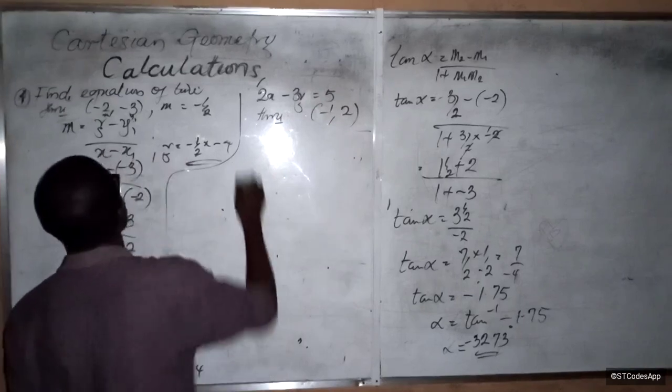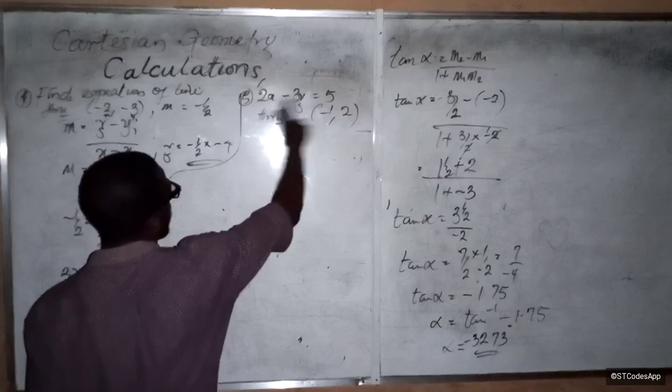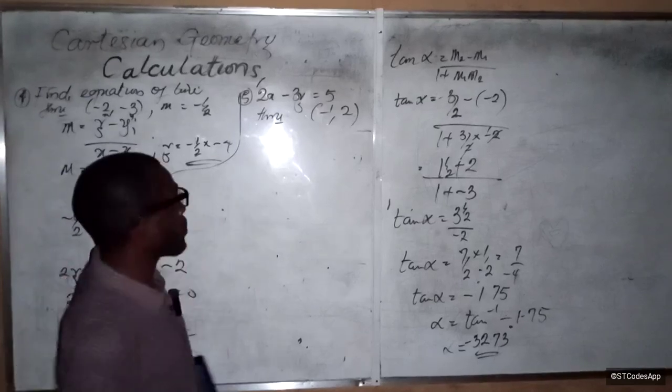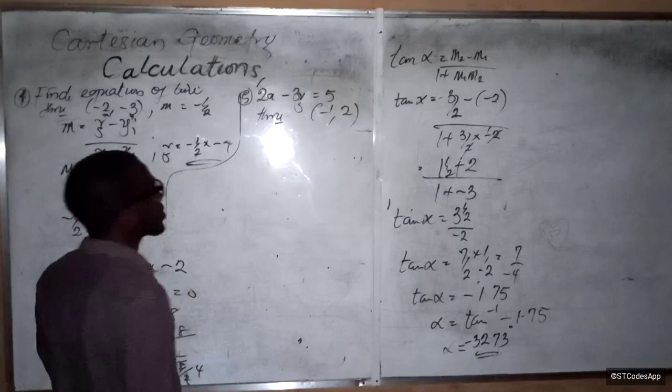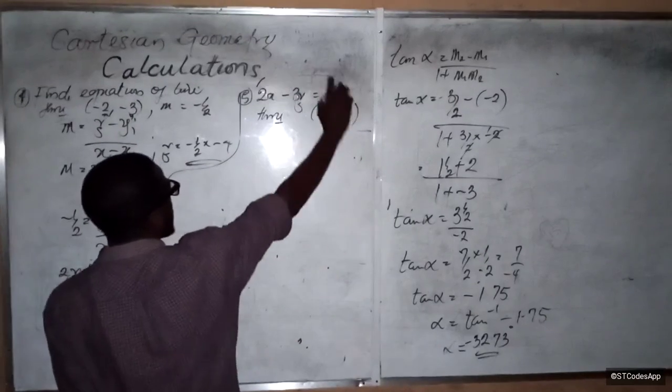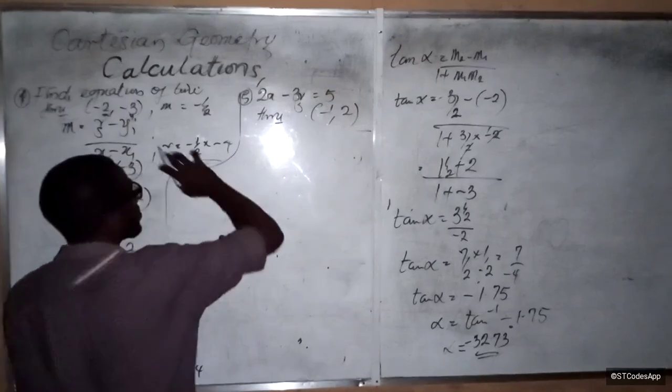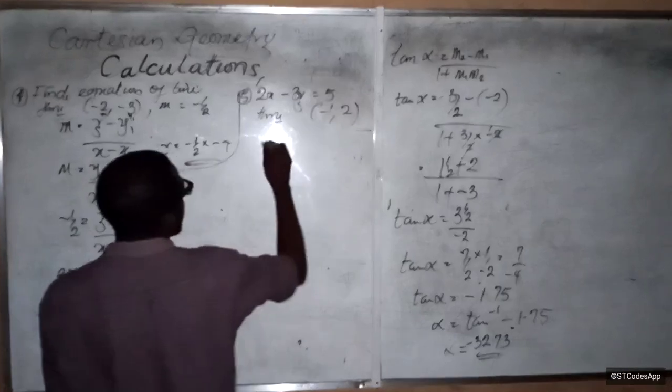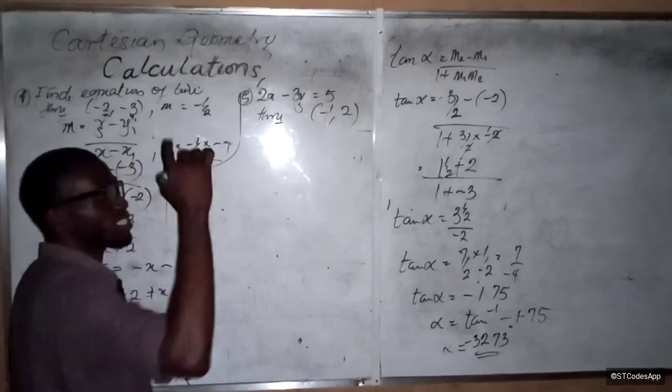So we should look for the equation of the line that is parallel to this other line, but it passes through this point. We're not given the gradient, we have to look for our gradient here. So it's also the gradient and 1 point method. But the first thing is let's find our gradient here. How do we find the gradient here? The first thing is take it to the normal form.